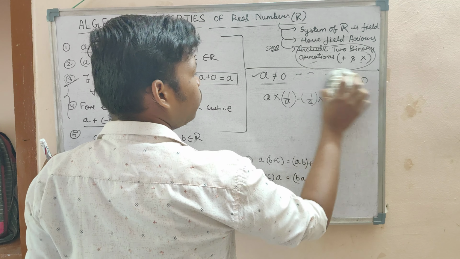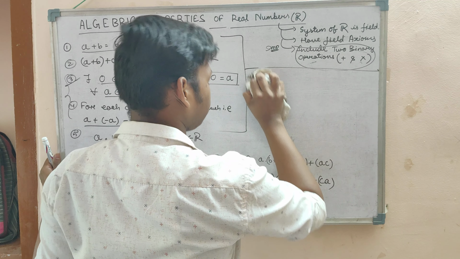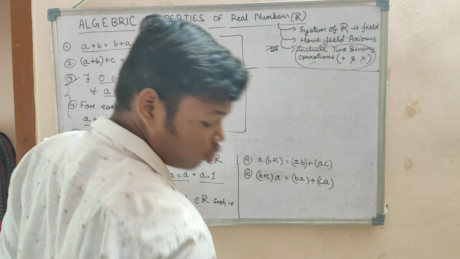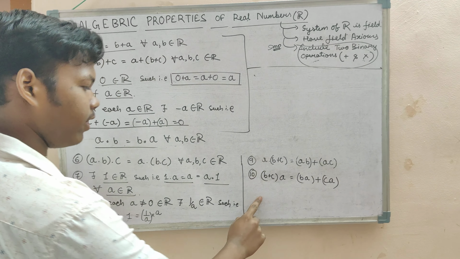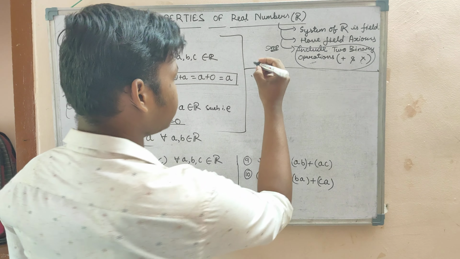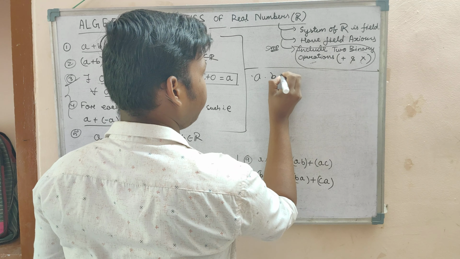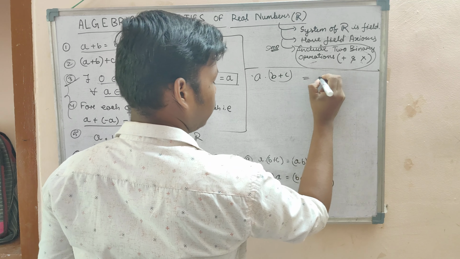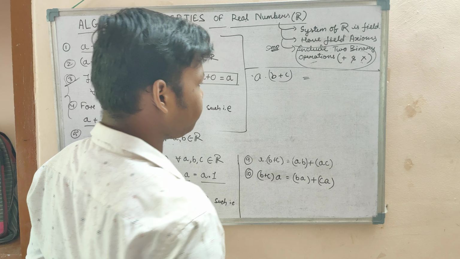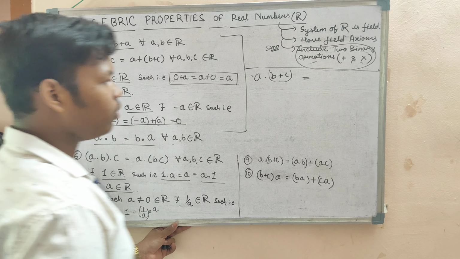Now let's move toward the last two properties, the 9th and 10th. It says a dot (b plus c) is equal to ab plus ac. This you know simply.